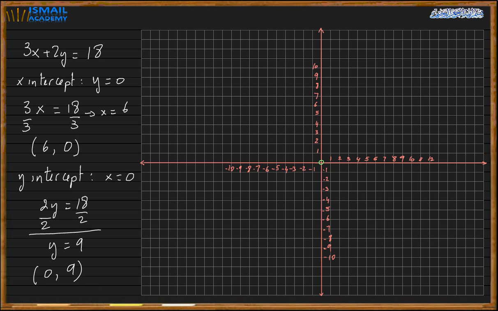So how to graph this? This is very easy. Most of the students like the intercept way to graph a line. So (6, 0) is here. (0, 9) is here. So the 2 points are clear. What I do is connect them with a line.